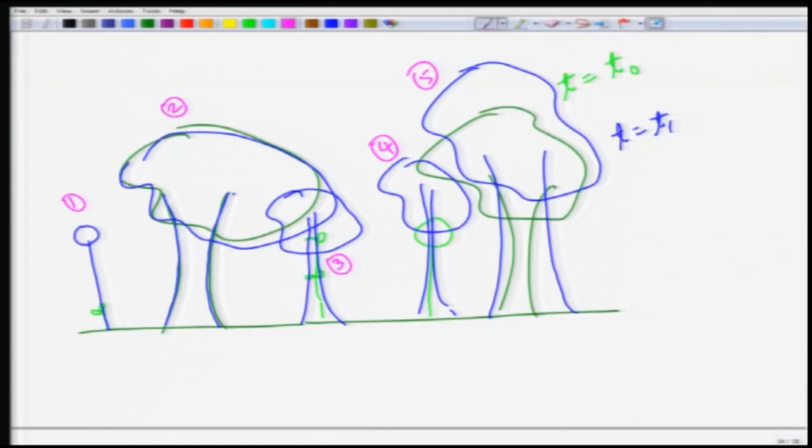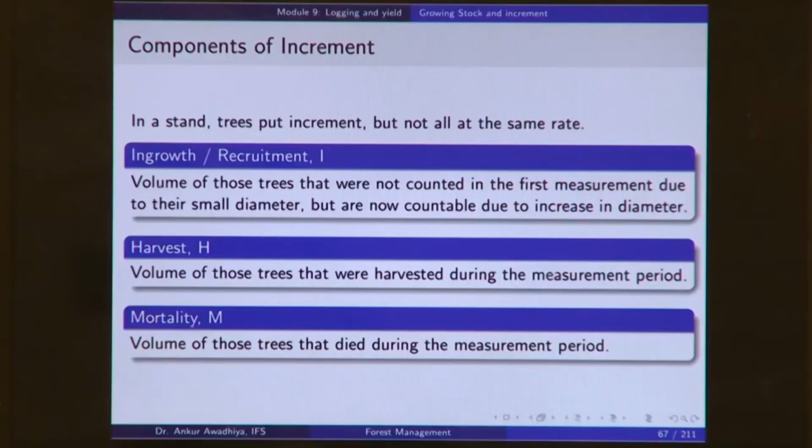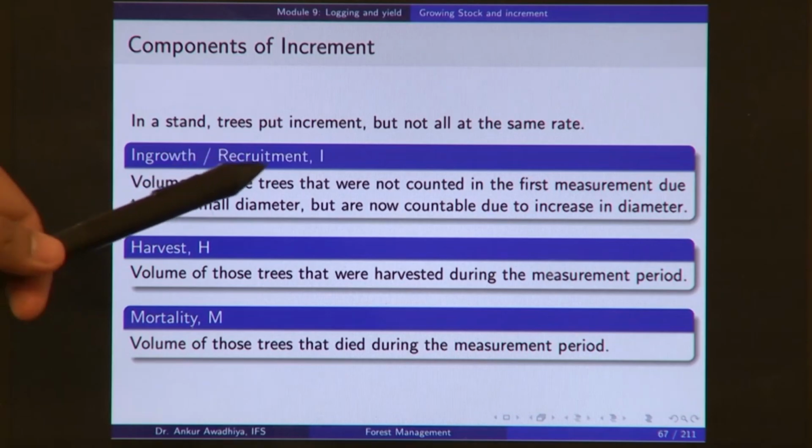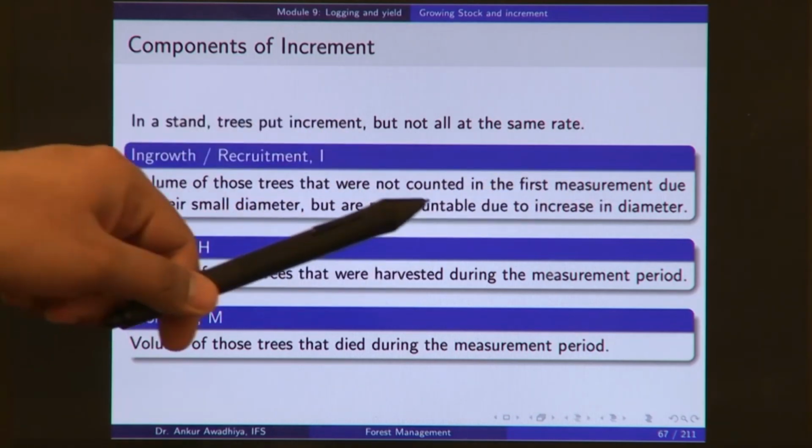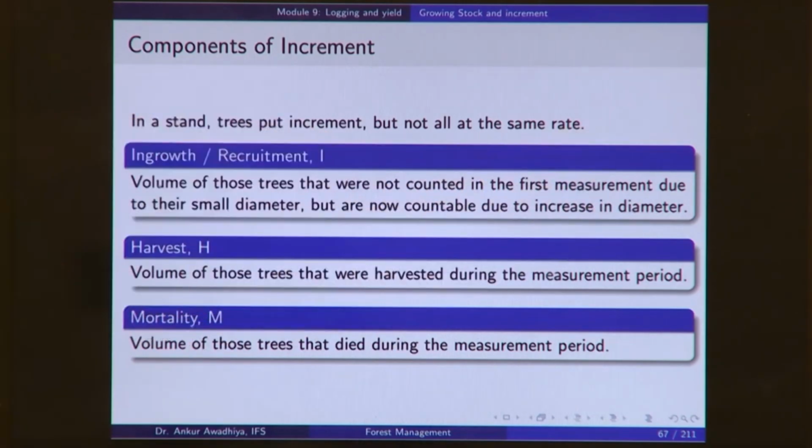So, in this case, these two plants 3 and 4, which were not countable in the first instance but are now countable in the second instance, we will call the addition of their volumes into the growing stock the ingrowth. So, ingrowth or recruitment is the volume of those trees that were not counted in the first measurement due to their small diameter, but are now countable due to the increase in diameter.